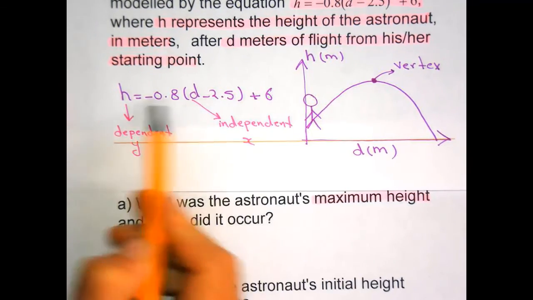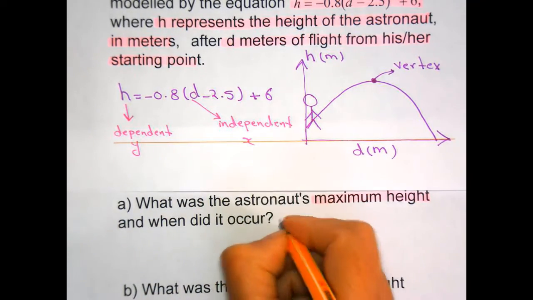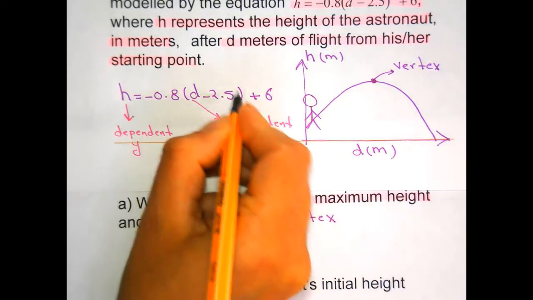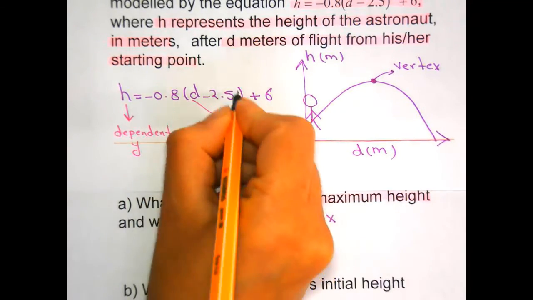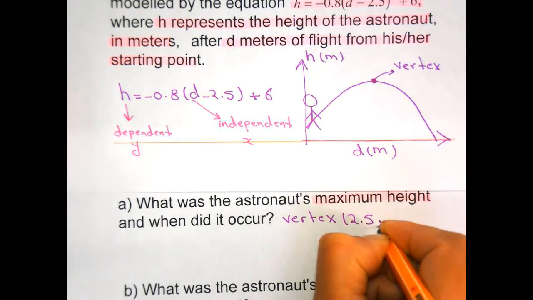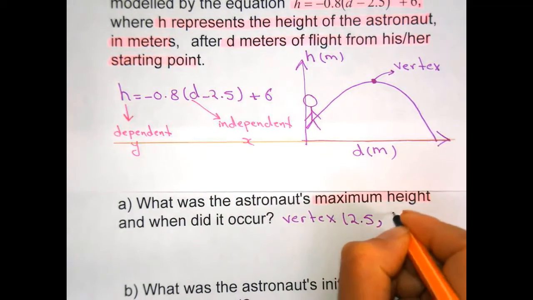So looking at this equation, the vertex is, this is your h value, so opposite in sign, so it's 2.5 and 6.